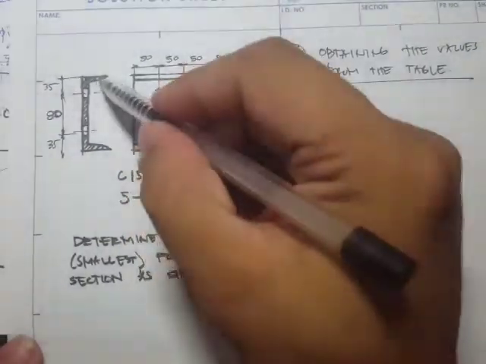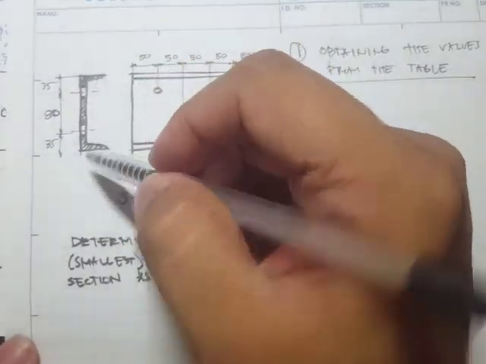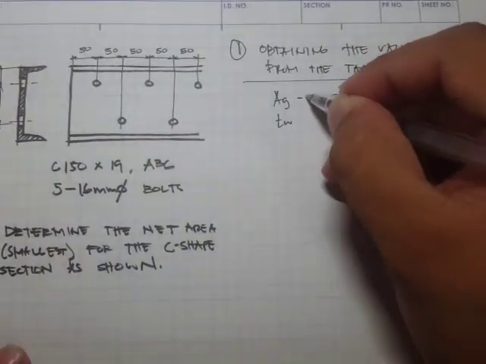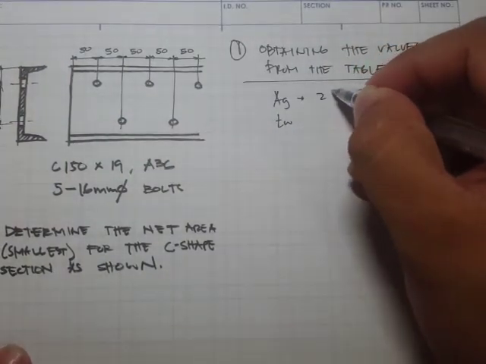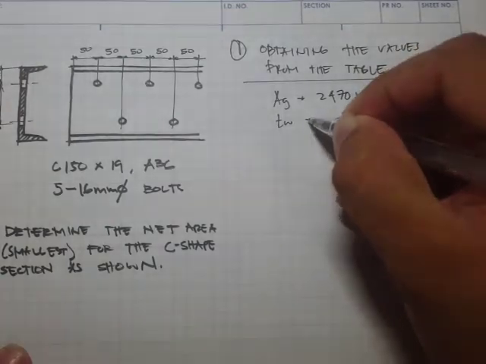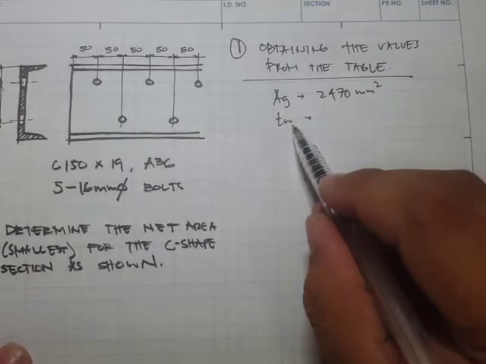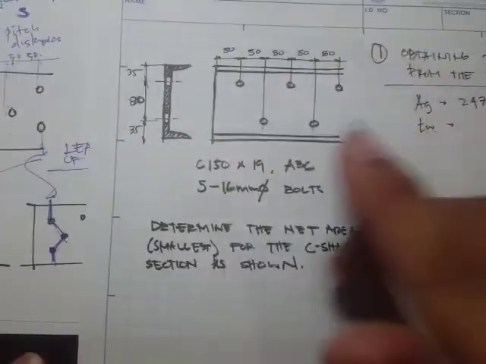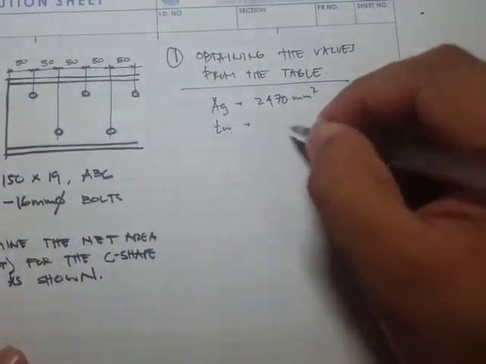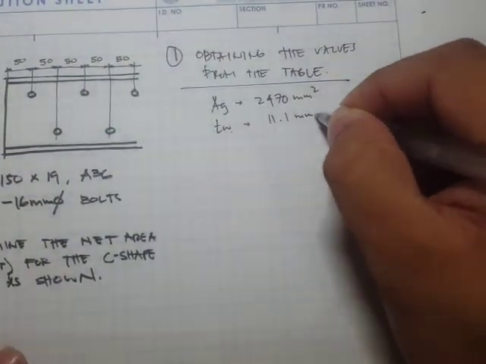The gross area we can obtain from the table, and it's 2,470 mm squared. The thickness of the web, t_w, is given as 11.1 mm.